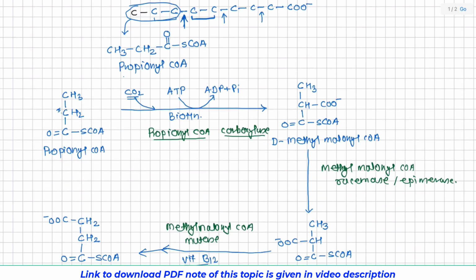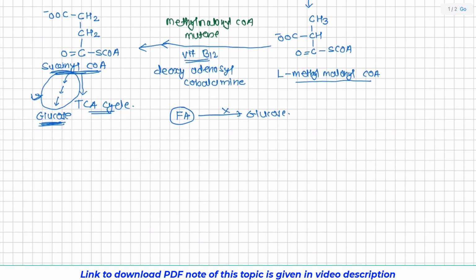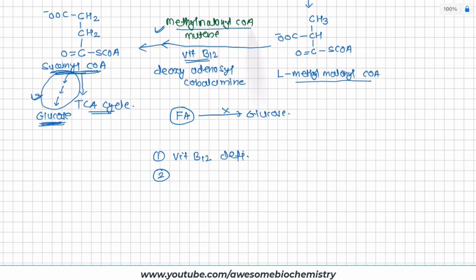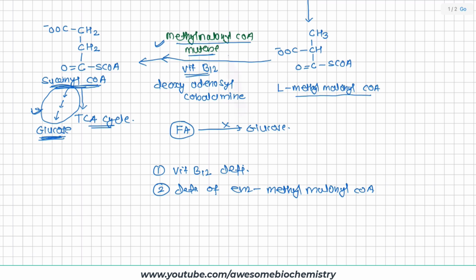Now let us discuss the applied aspect or clinical importance of beta oxidation of odd chain fatty acids. See, there are two conditions. One is vitamin B12 deficiency, and the second is the mutation or deficiency of methylmalonyl coenzyme A mutase. Now in both conditions, what will happen? This step will be blocked.